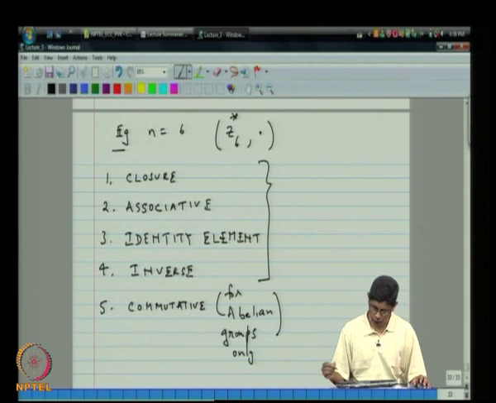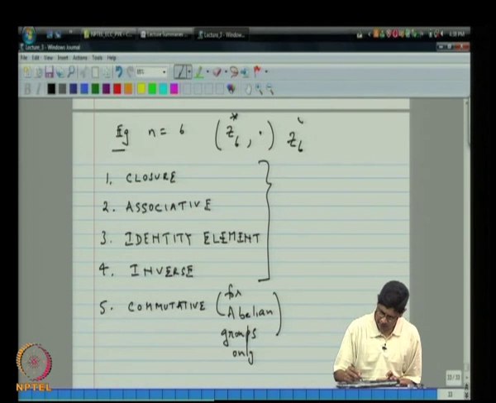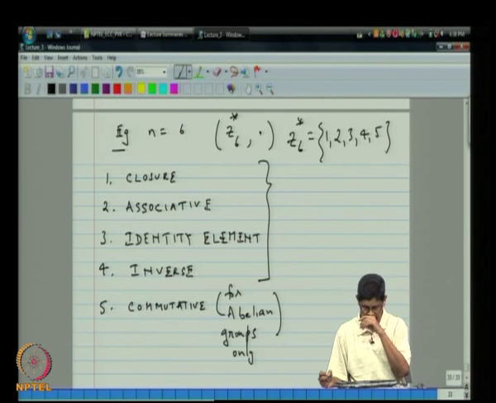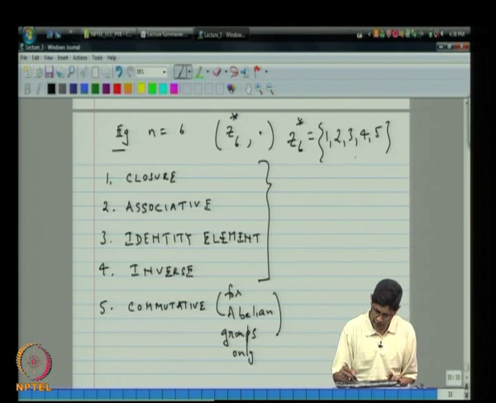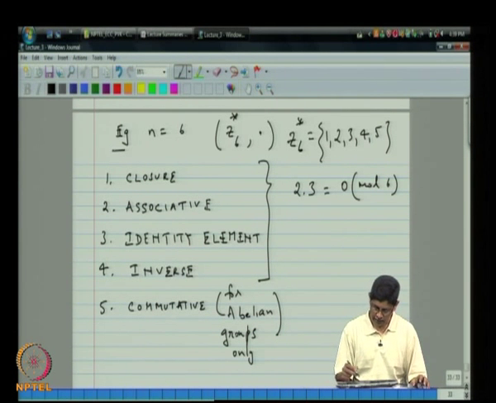Right away, Z6 star is the set 1, 2, 3, 4 and 5, so 0 is excluded. You see that if you multiply 2 by 3, this is 0 modulo 6, and that is a problem, because now you are multiplying 2 elements in this set, but what you are getting is an element outside the set.